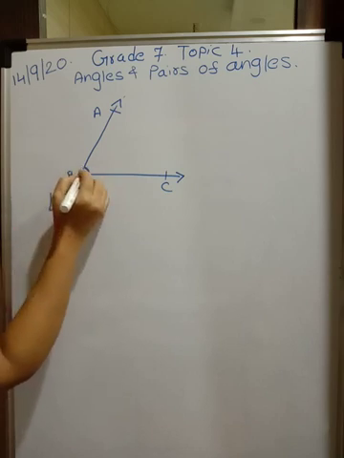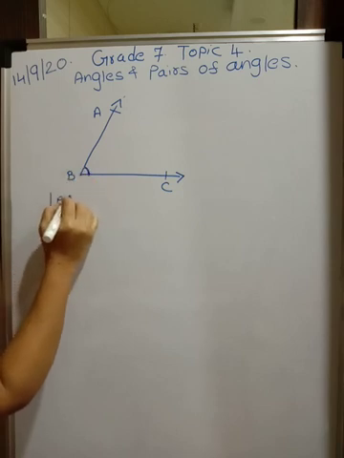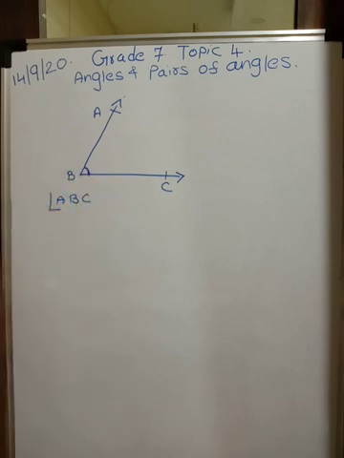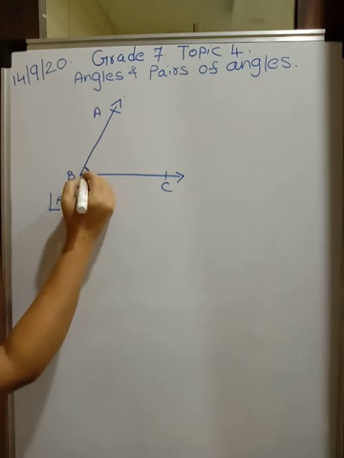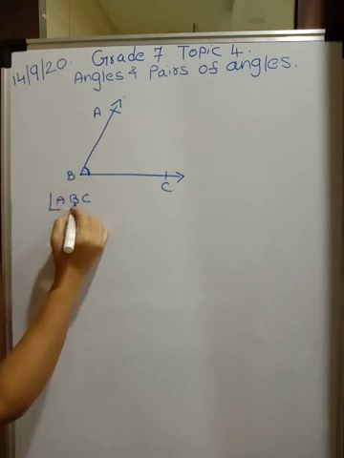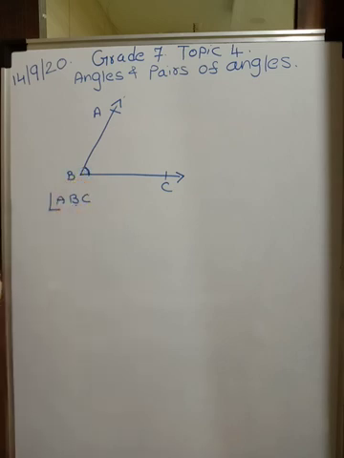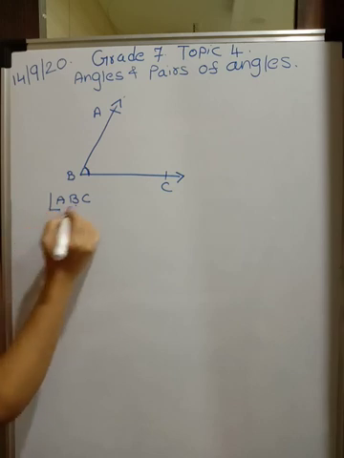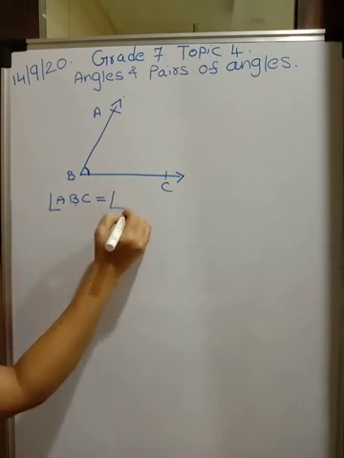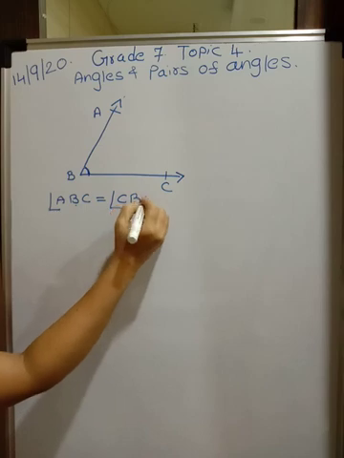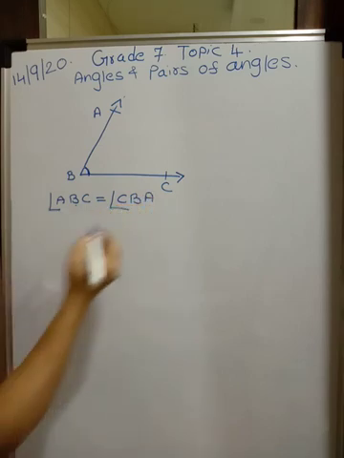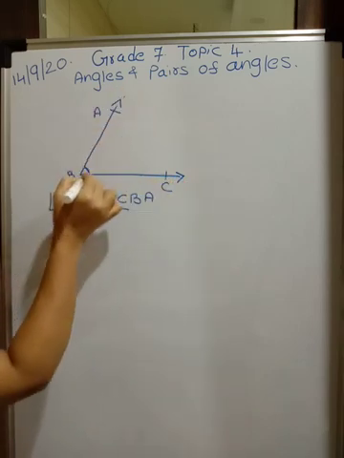So this angle which is formed is named as follows. First, you can call this angle as angle ABC, three-letter name. Wherever the angle is formed, that letter should come in between the other two. This can also be named as angle CBA. Both are same. Either you write in this way or you write in this way.